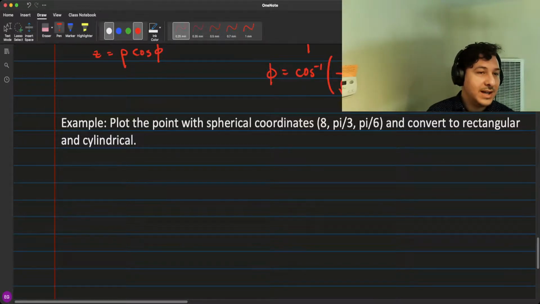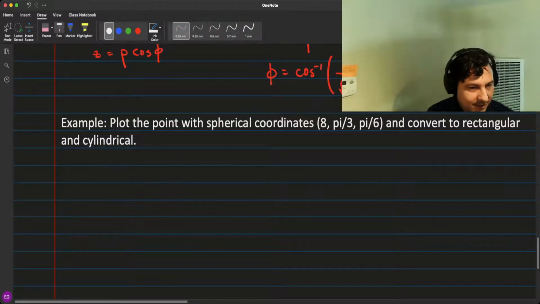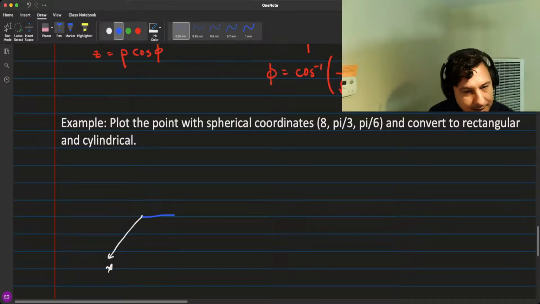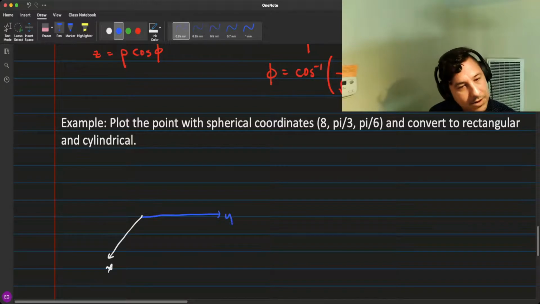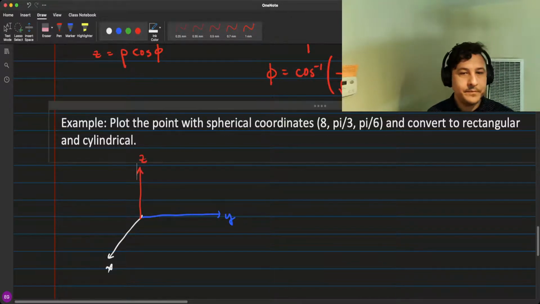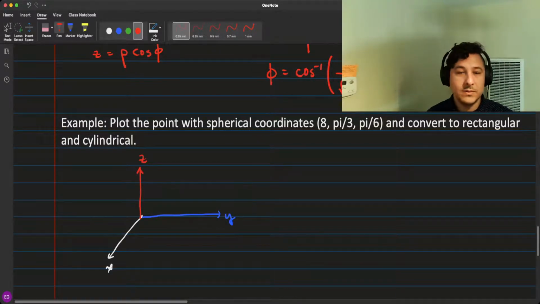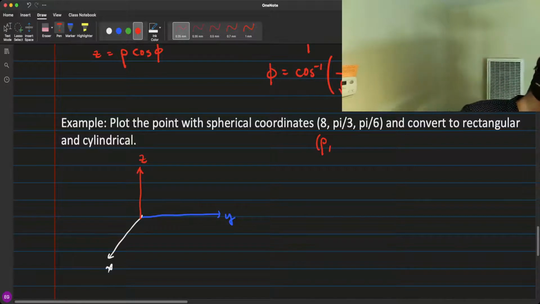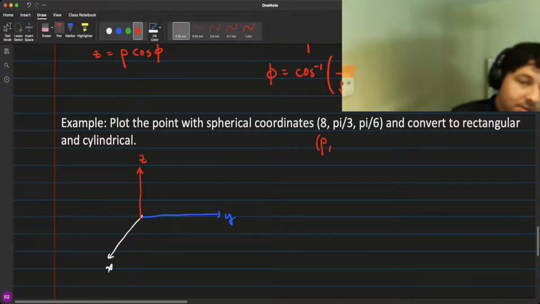Okay, so drawing these is always fun. Got your x-axis, got your y-axis, got your z-axis. Okay, so remember the way your coordinates work is that first you're given a rho, then you're given a theta, and then you're given a phi.